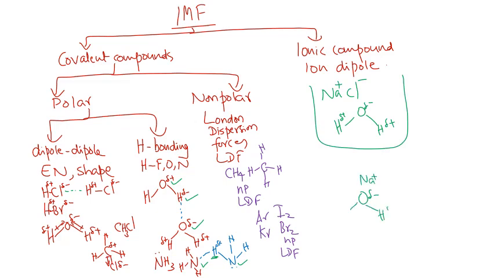So we can draw like this, and on all sides we can draw that. You see that we will get the attraction which we call ion-dipole, because water has a dipole and we have ions here. So that is why the ionic compound is involved in this one. So that is called ion-dipole interaction. Okay, that's a very quick review of how to decide which molecule has what type of IMF.